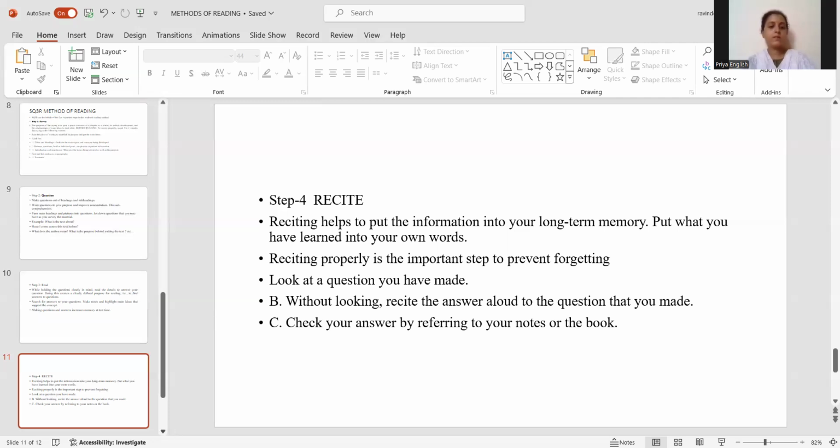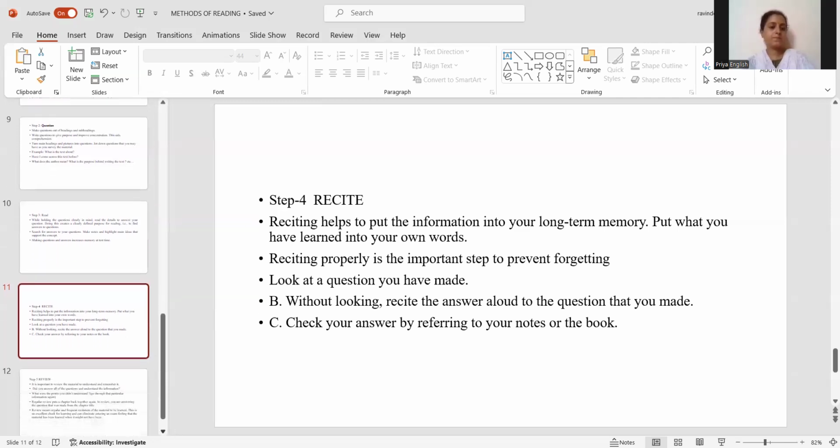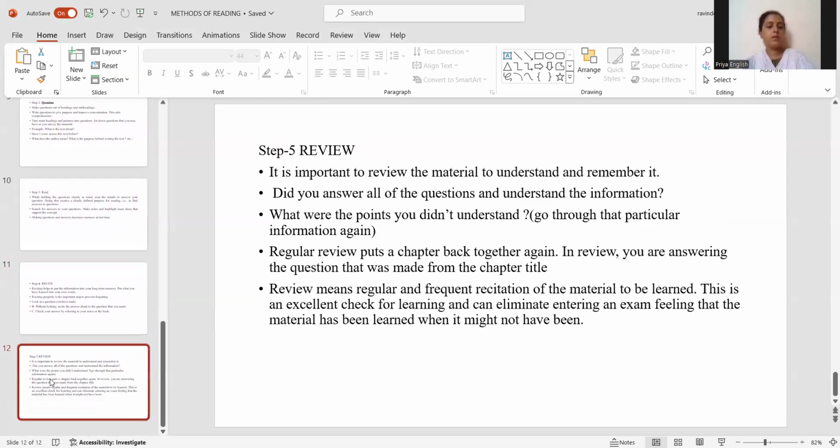Okay, so the last step is reviewing. Reviewing means checking whether you have really got the text, whether you have got the main idea of the text, whether you are completely thorough with the text and have completely understood it. Step 5 is called review.